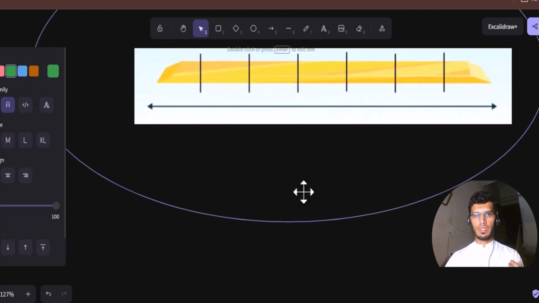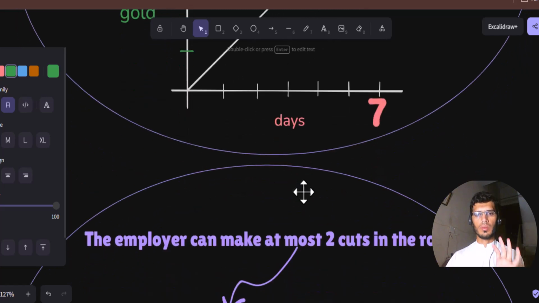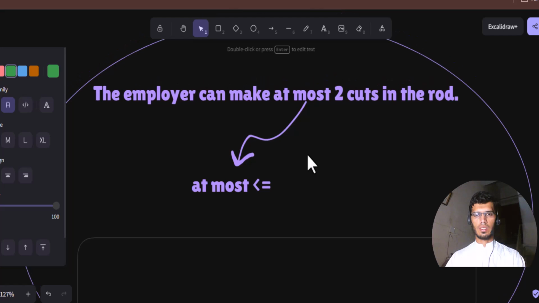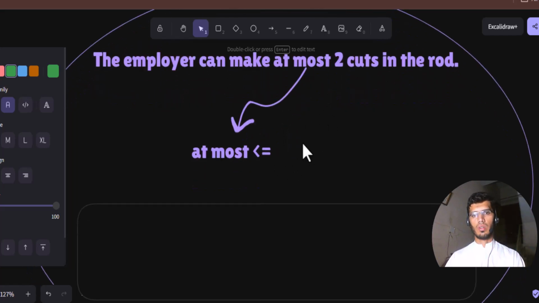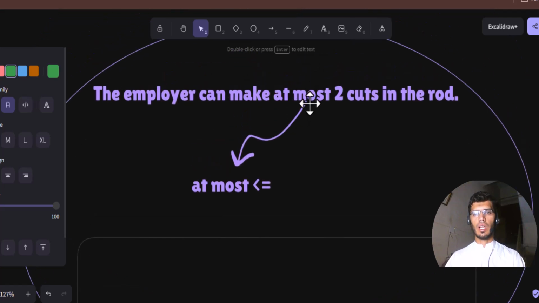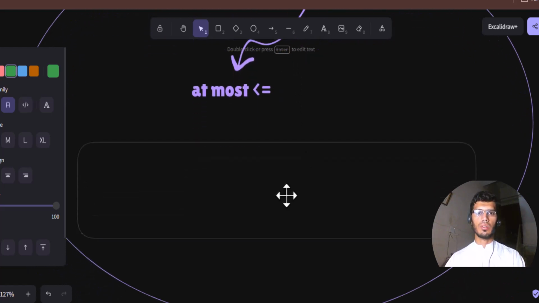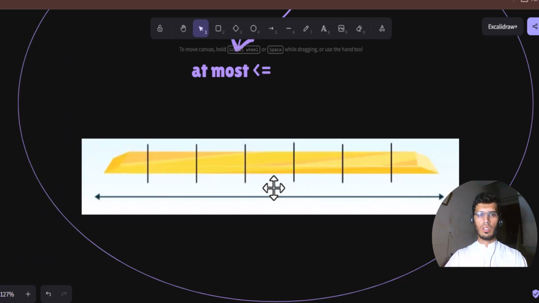But the constraint that makes this problem unique and difficult is that we can make at most 2 cuts. At most means less than or equal to. So we can make no cut, one cut, or 2 cuts.